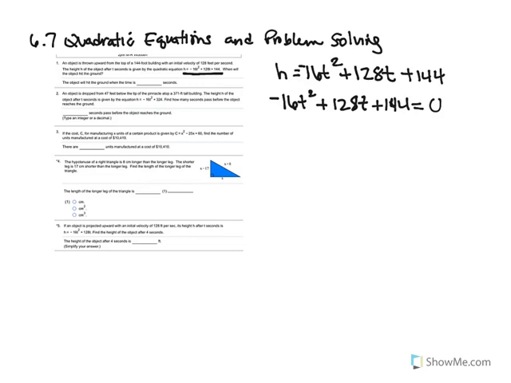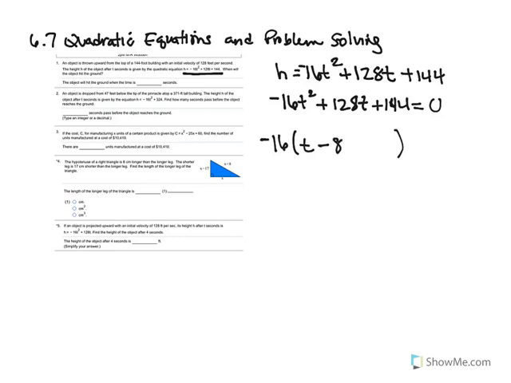It's already in descending order. I look to see if there's a greatest common factor. I know it's going to be something negative that comes out. And I think if we use 16, it'll factor out of everybody. So 128 divided by 16, what's that? 8.